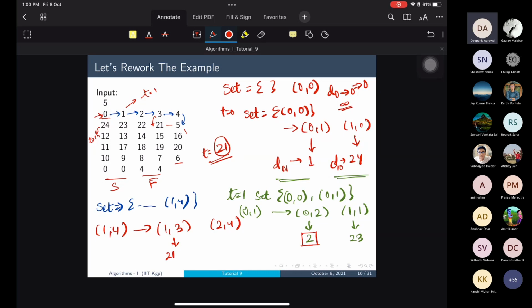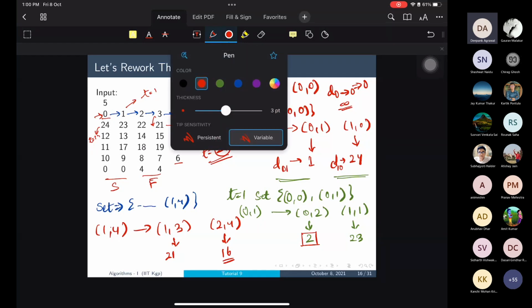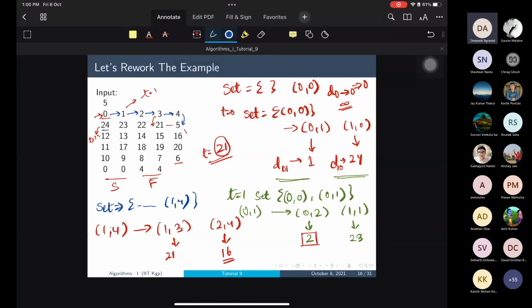Yes, okay. So we won't update because 21 is not greater than 21. And here we update it as 16. So now 16 will come out because for all these nodes, the time is 24, 23, 22, 21, and 16, right? So 16 is the next nearest node. So 16 comes out into the visited set.